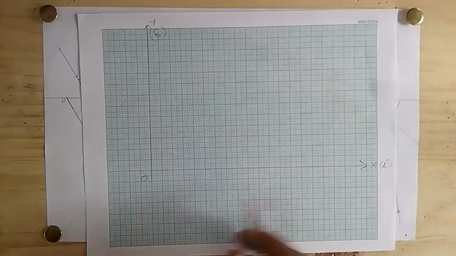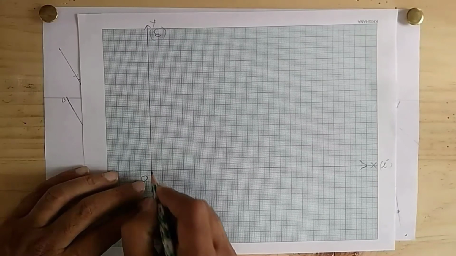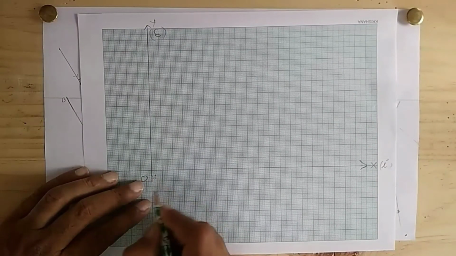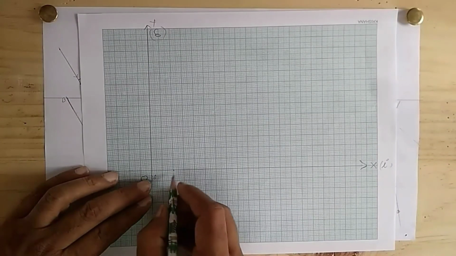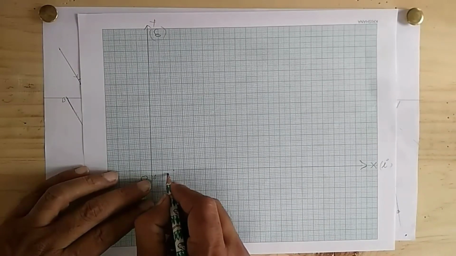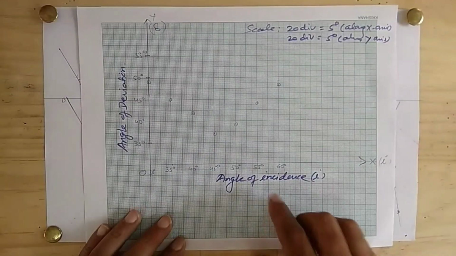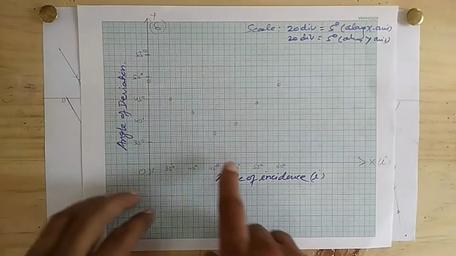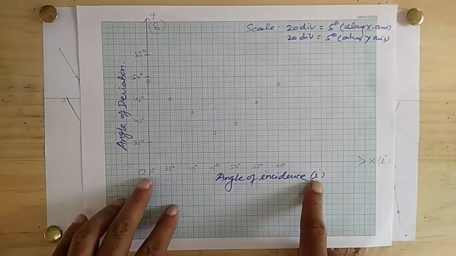Say along x-axis, we may start from 30 degree, 35 degree. Now the tabulated values are plotted on this graph. Along x-axis, we have taken angle of incidence.